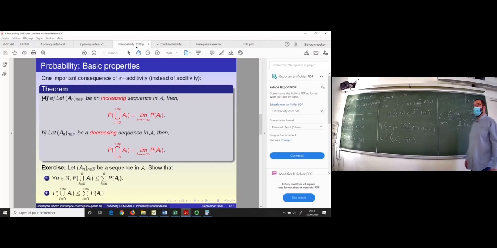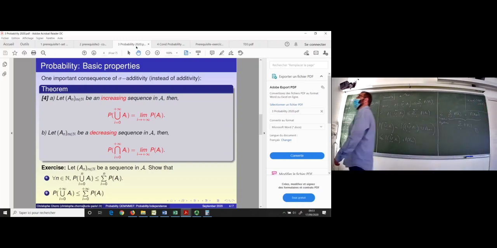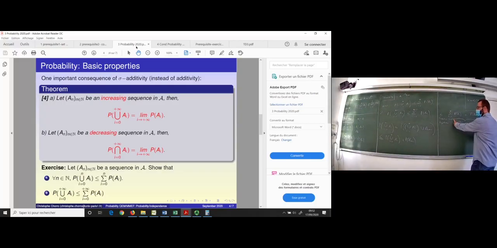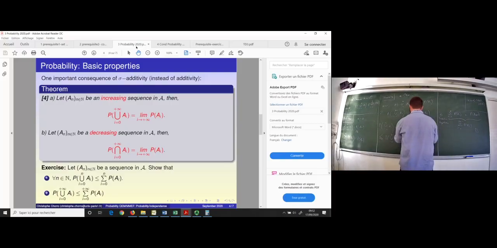Can we start with the sum instead of the union? If you want, you can start from this one. So write this one, and this one, yes.